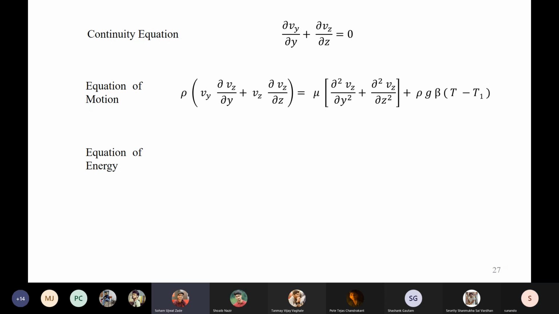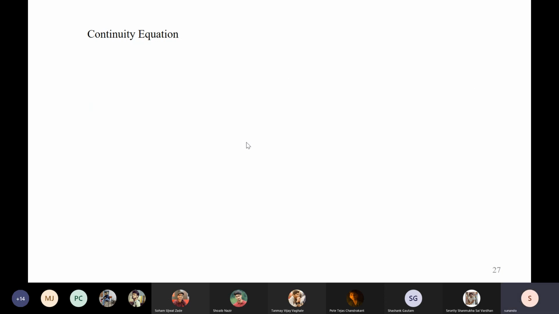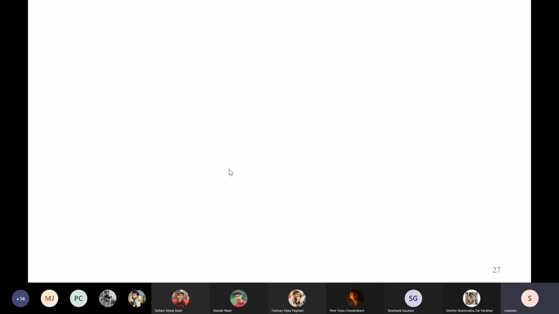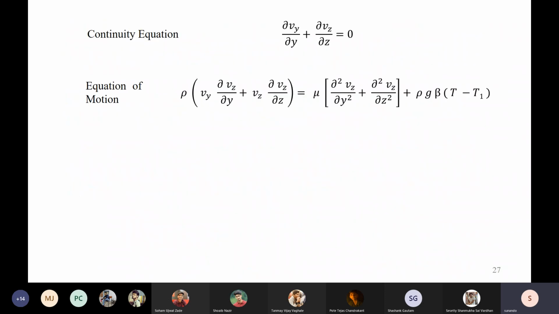Hello, sir. Yes, please. Sir, the substantial derivative part, can you please tell what are the conditions when we neglect which terms? I am not saying that I have neglected the substantial derivative in the equation of motion. What you see here of this substantial derivative, first of all, I have used a steady state assumption.